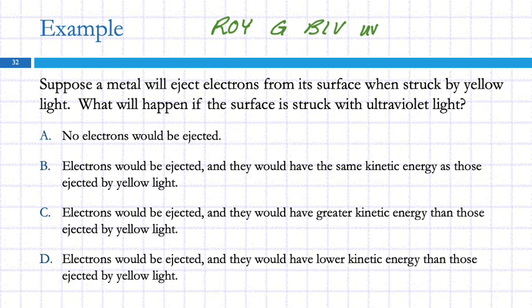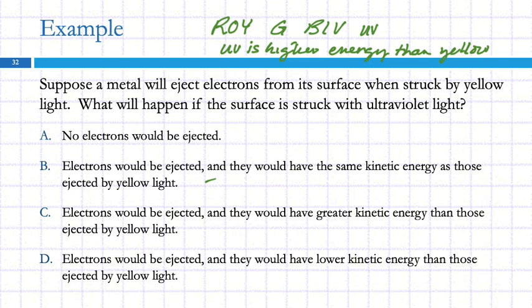Anyway, so is UV light higher in energy than yellow or lower? Higher. UV is higher energy than the yellow. So if I shine yellow light on this metal, electrons get ejected.